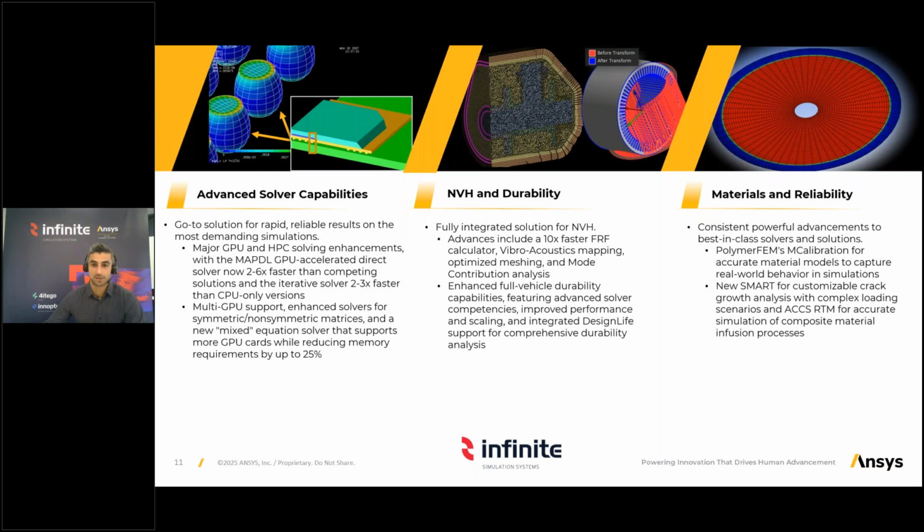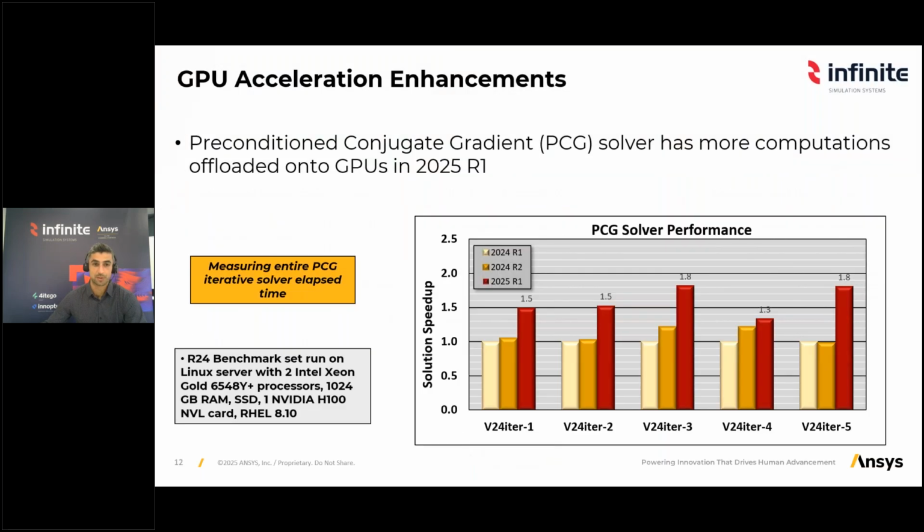I'll dive into that in a second. And as I mentioned, in terms of material modeling, with the latest edition of Polymer FEM and calibration to accurately predict material models.